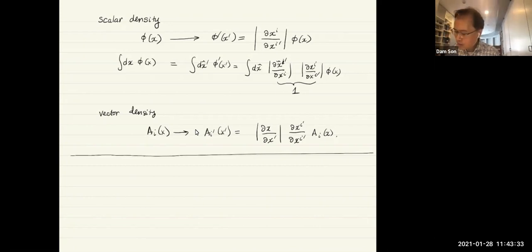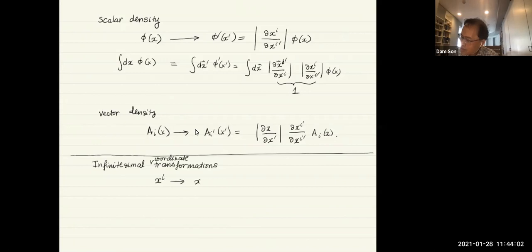Let's consider infinitesimal coordinate transformations. These are transformations that take us from x^i to x'^i equal x^i plus some very small function ξ^i.